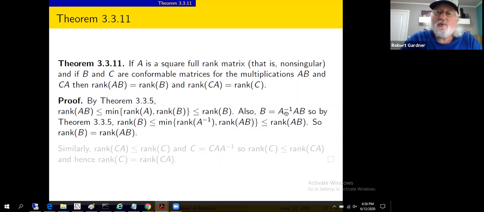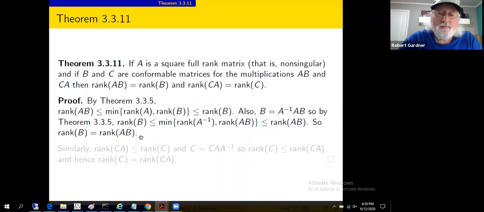Say pick the first one and the product of the second two, treating it as a product then ultimately of two matrices. And we know that's less than or equal to the rank of either of them. We choose the rank of AB. And we've shown then first that the rank of AB is less than or equal to the rank of B. Here we've shown the rank of B is less than or equal to the rank of AB.